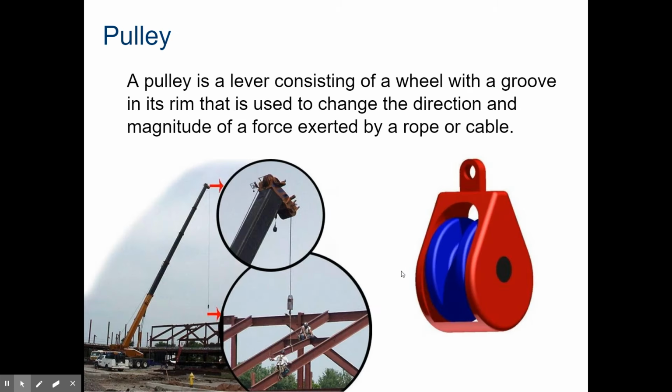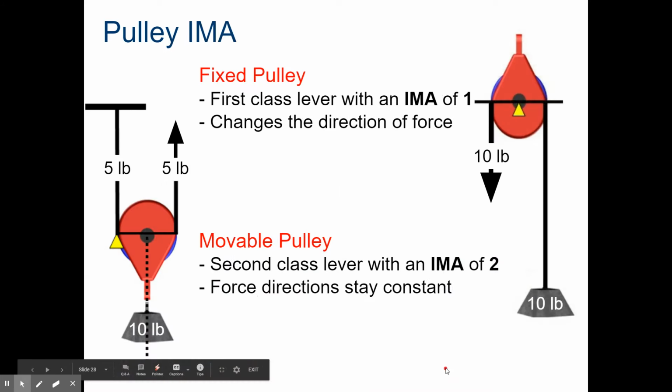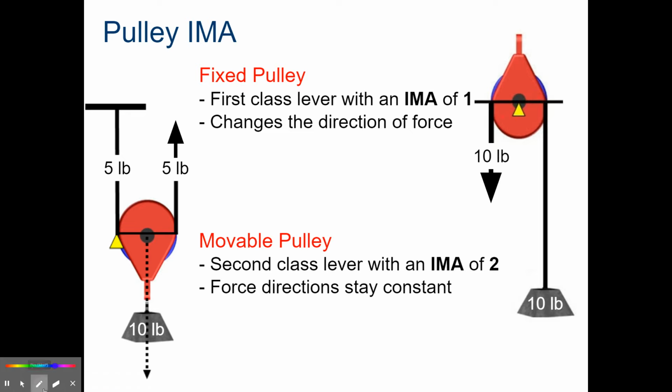All right, pulleys. A pulley is also a lever consisting of a wheel with a groove, and it's used to change the direction and magnitude of a force. A couple things about pulleys and pulley IMA. A fixed pulley is this over here because it is attached.